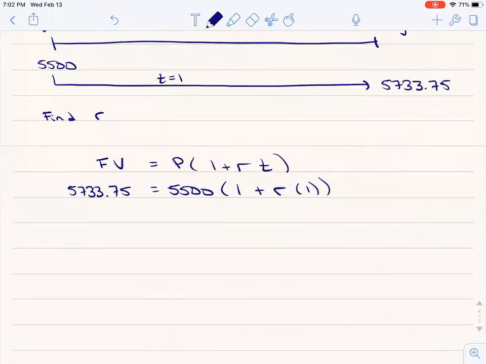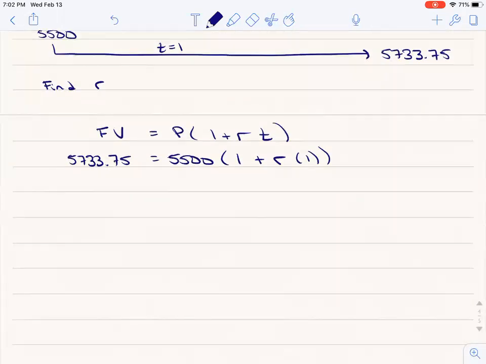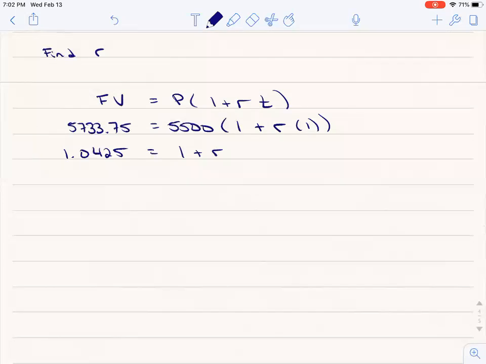If we divide both sides by 5,500, we get 5,733.75 divided by 5,500. You get 1.0425 is 1 plus R. R times 1 is just R. Then if I subtract 1, I get R is 0.0425.